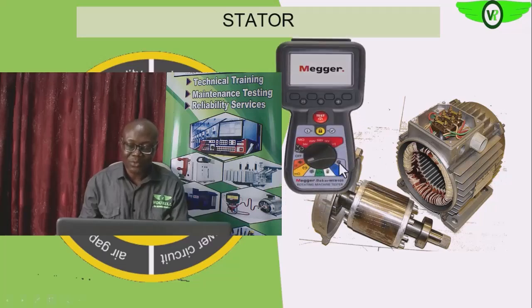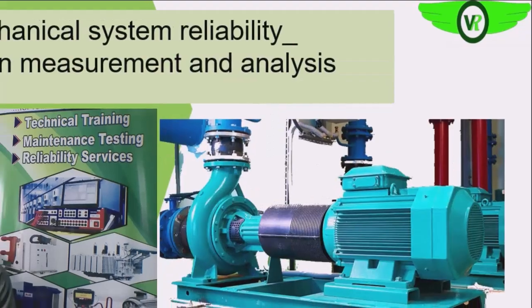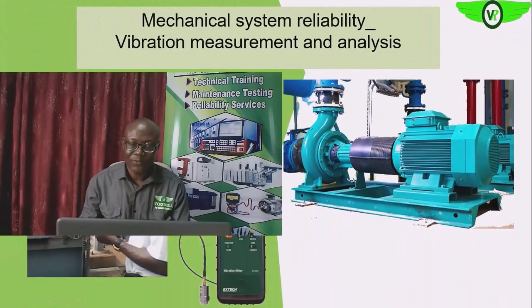So the MTR 105 can do it. You see the milliohm selection. You can turn your selector switch to the milliohm, connect your probes appropriately, then you can test and do your calculations to see if we have any resistance unbalance.